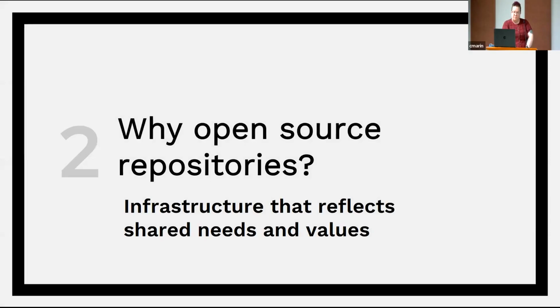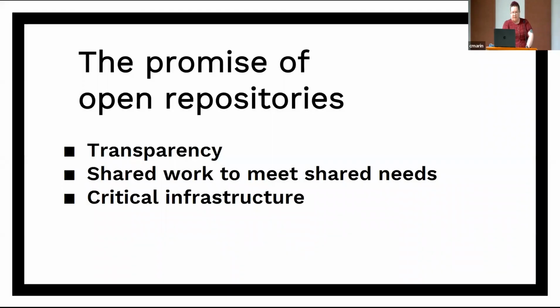So why use open source repositories? I know Michele will speak about this as well. So it's infrastructure that reflects our shared needs and our shared values. Repositories are a critical part of our infrastructure. At its best, it can be infrastructure that reflects our values. It has design that upholds transparency and equity.